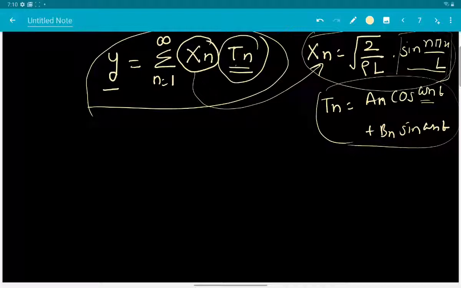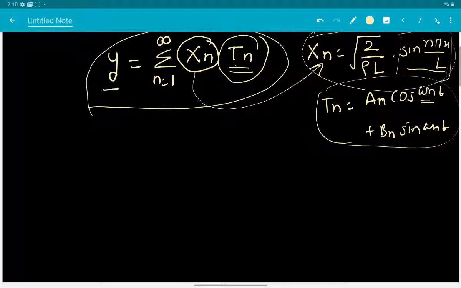Otherwise, in the multi-degree of freedom systems we were considering, we were not encountering any such integrations. We were operating on matrix equations at that time, but here we have integral equations to take care of. Okay, so let's see how we can use this modal expansion theorem to arrive at a solution for forced vibration.